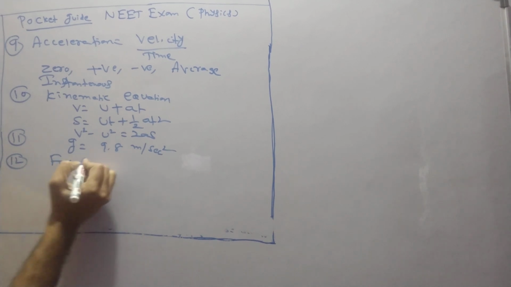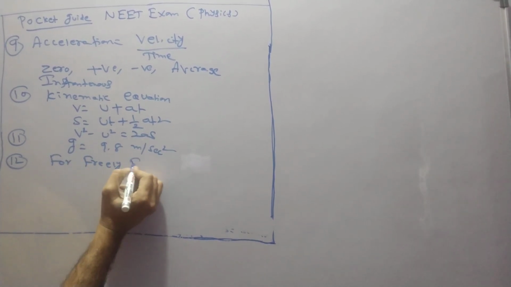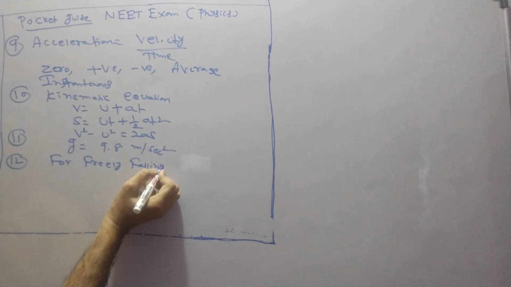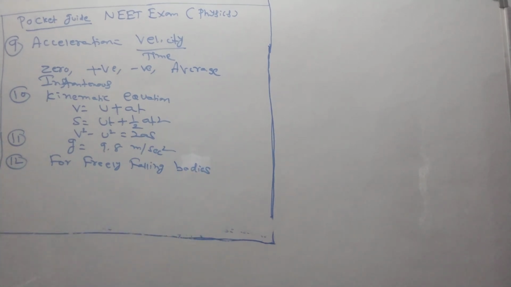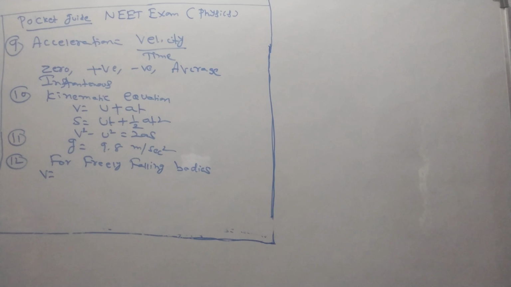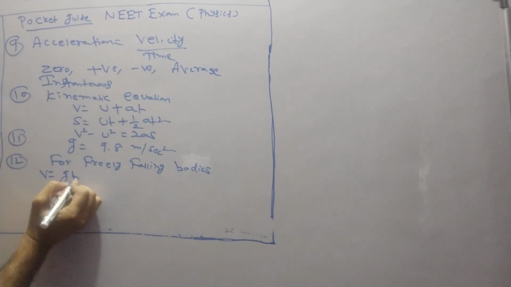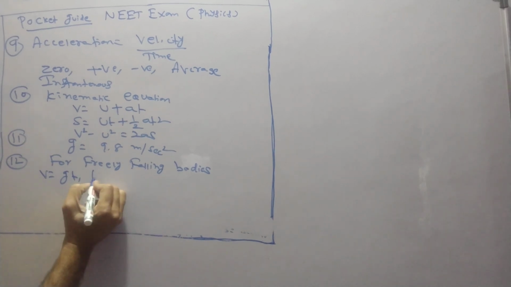For freely falling bodies, we have these equations. First equation is v equal to gt. Second is t equal to root of 2h by g.